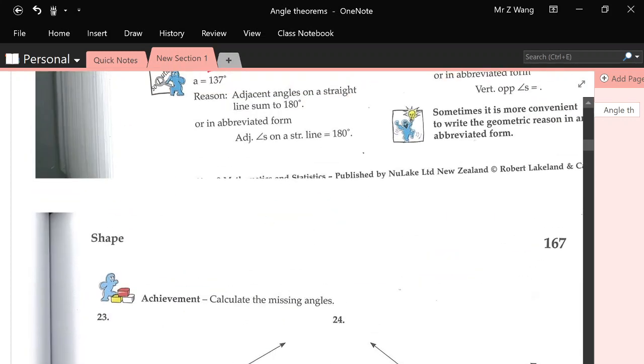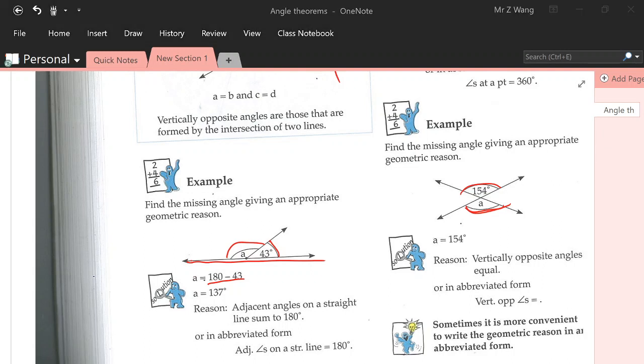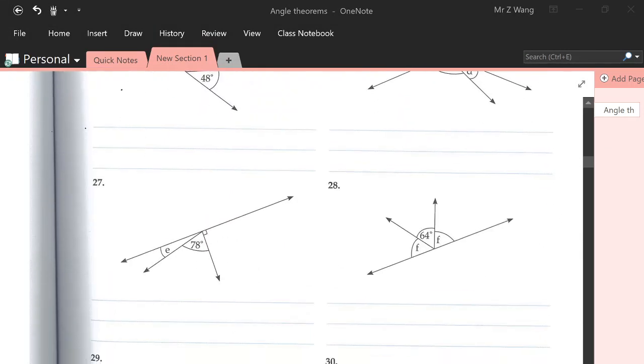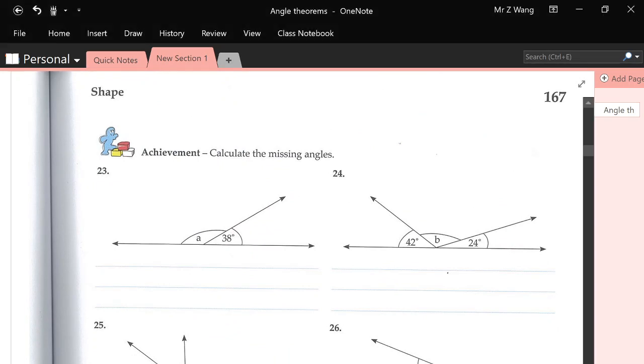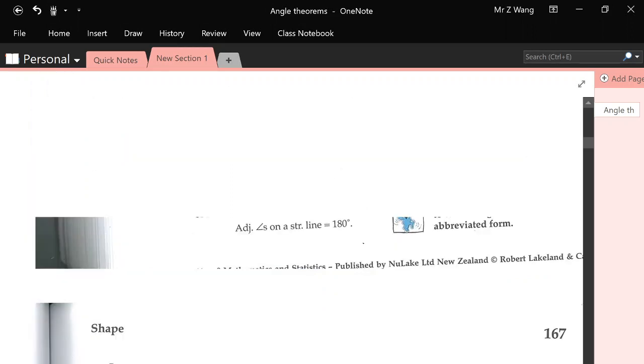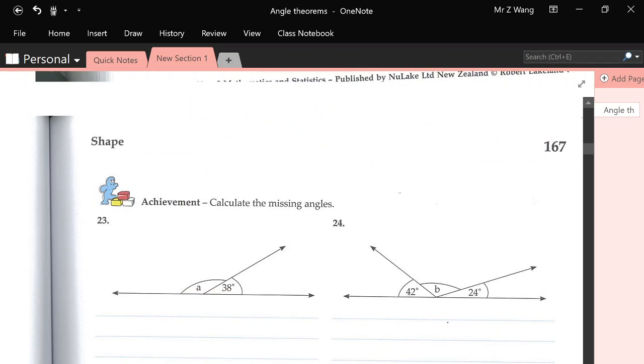Okay, so for you to revise, we'll just talk about these questions for now. This question, obviously you have to use angles on a straight line, right?